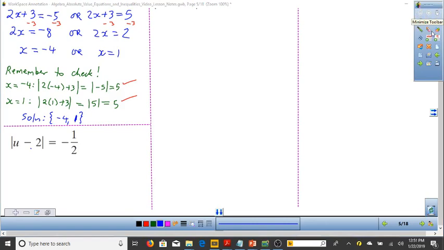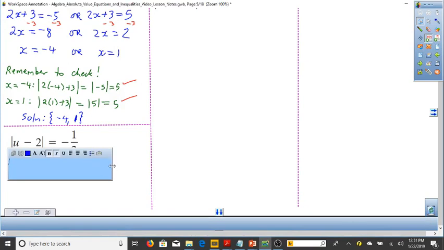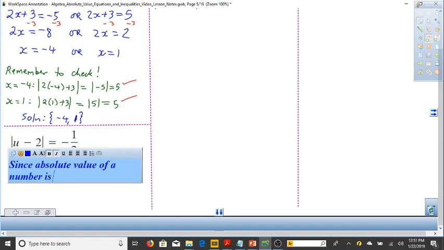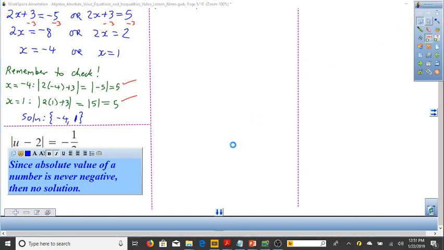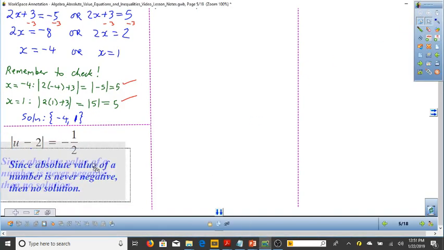So what we're saying here is, since absolute value of a number is never negative, then no solution.